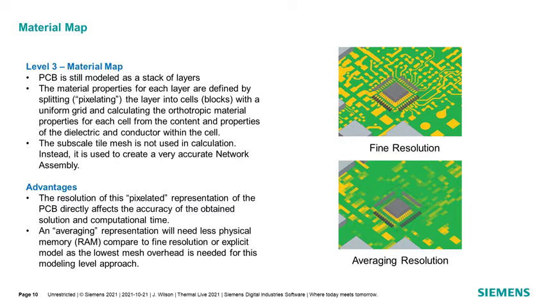So it can save a lot of time in the preparation process, but also the solution process, while still giving you the control to model it with either a fine resolution or perhaps, earlier in the design process where you don't have detailed components on the board, an averaging approach to get quicker simulation times, so you have that flexibility.